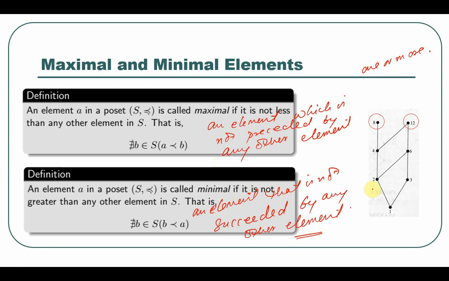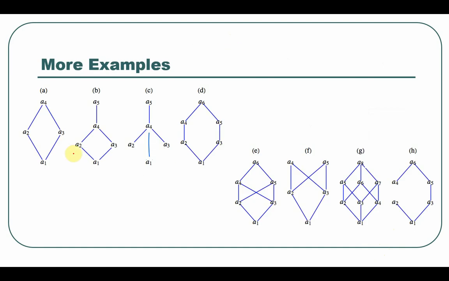In other words, there should not be any line going downwards from this element. So in this particular diagram, 1 is our minimal element. So once again, you can have one or more minimal elements also. So maximal elements and minimal elements, you may have one or more maximal or one or more minimal elements. Let's see some examples.